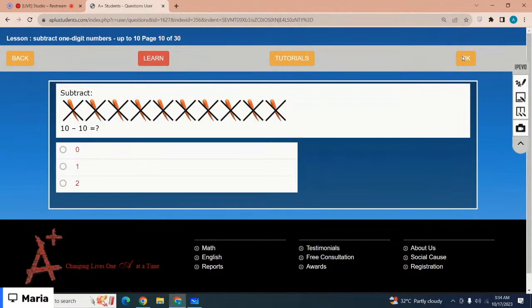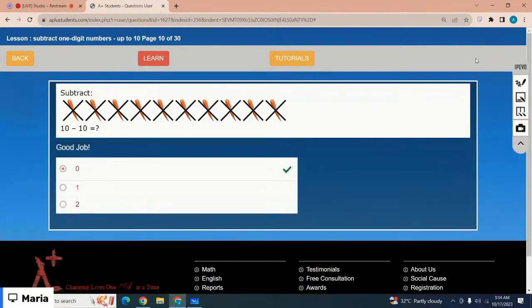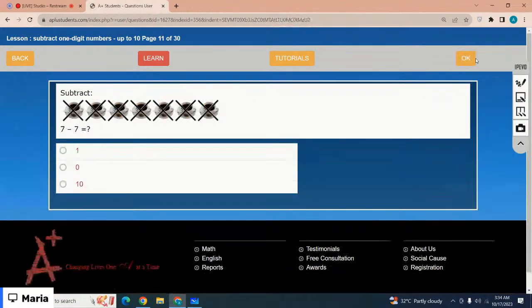Okay, the next one is 10 take away 10. So which is the correct option? You don't have any that are not crossed, right? So 10 take away 10 is, yes, that would be 0. The correct option is 0. Okay, the next one is 7 take away 7.